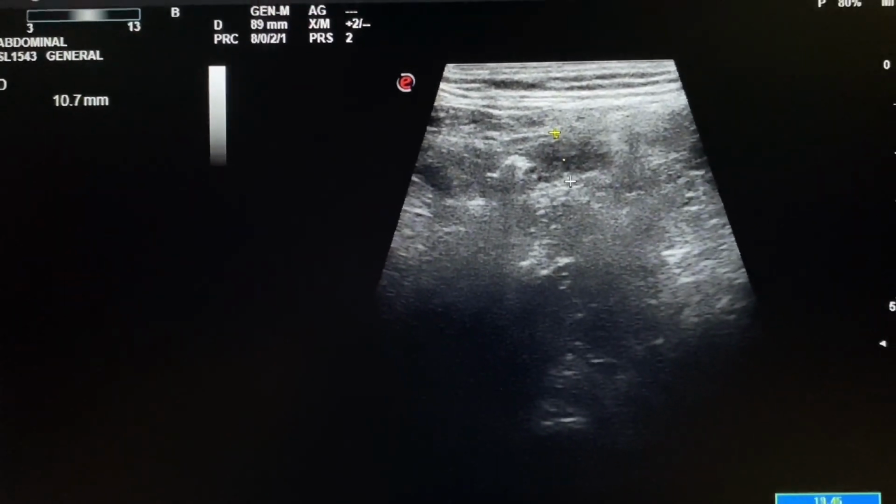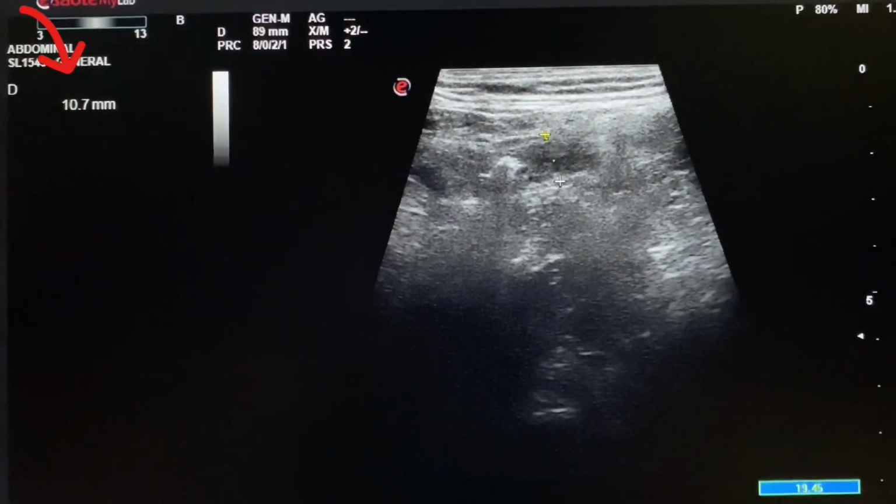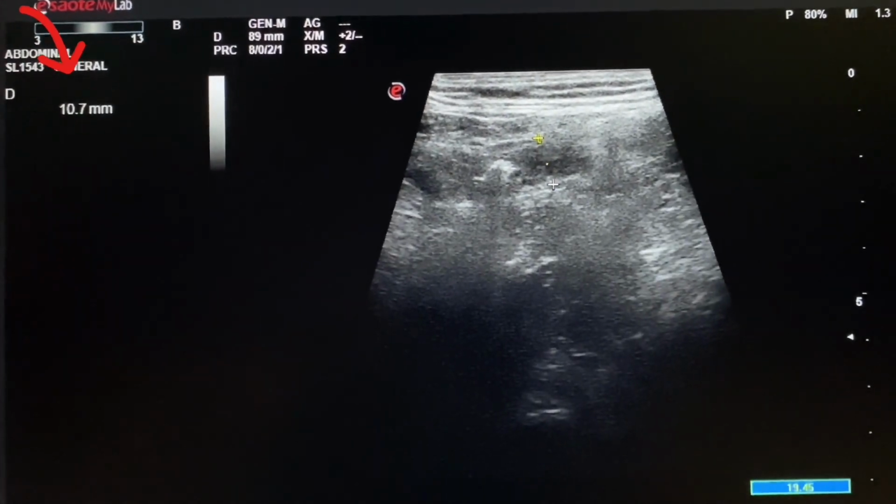The anteroposterior diameter of the appendix is 10.7 millimeters. The normal size of the appendix is up to 6 millimeters.